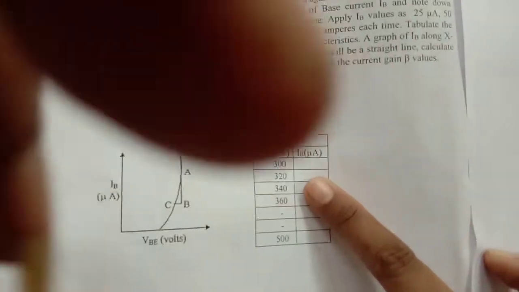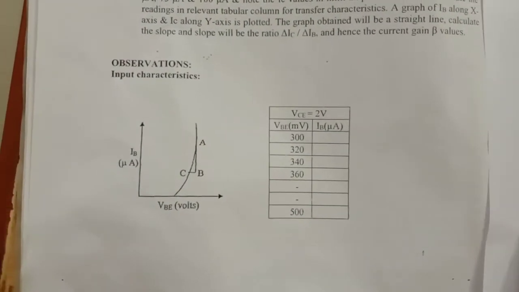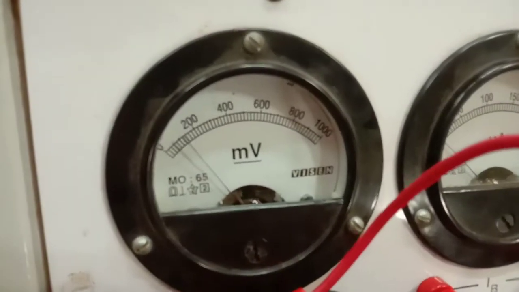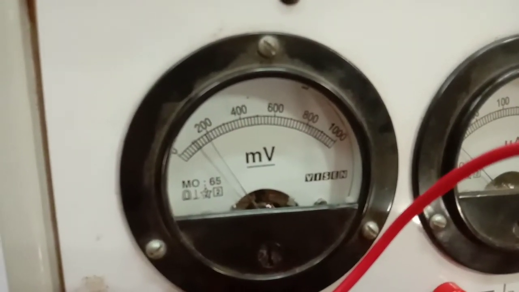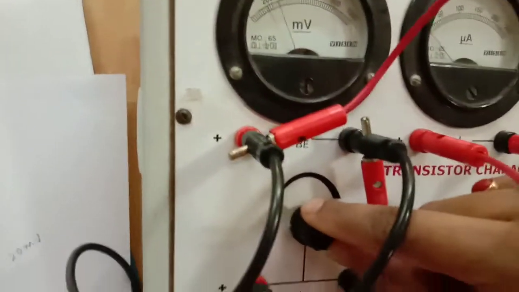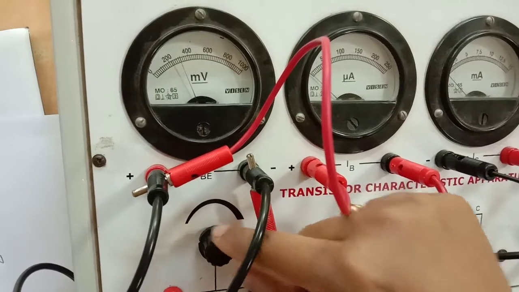So let me vary the voltage. Using the potentiometer on the left hand side, you need to vary the voltage and keep the value as 300.